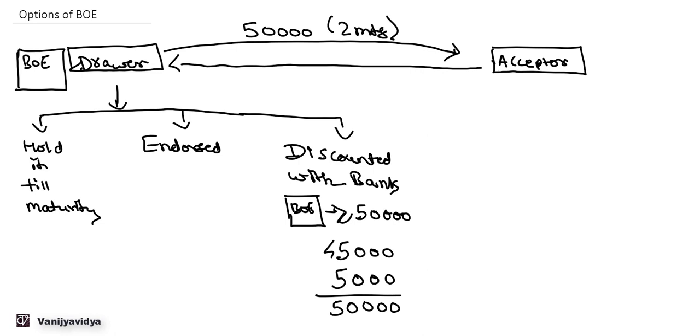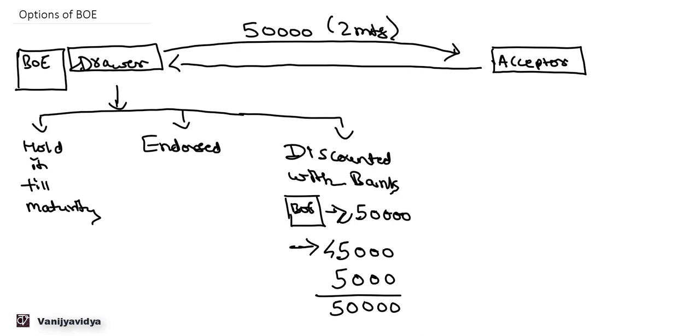So the bank has made the payment of 45,000 to the drawer and it has charged 5,000 as discounting charges, or you can also say it is the interest which the bank will earn, because the bank will receive this 50,000 after 2 months, whereas it is making the payment to the drawer immediately. So it is like an interest which it is charging, but it is known as discounting charges. The drawer will receive 45,000.